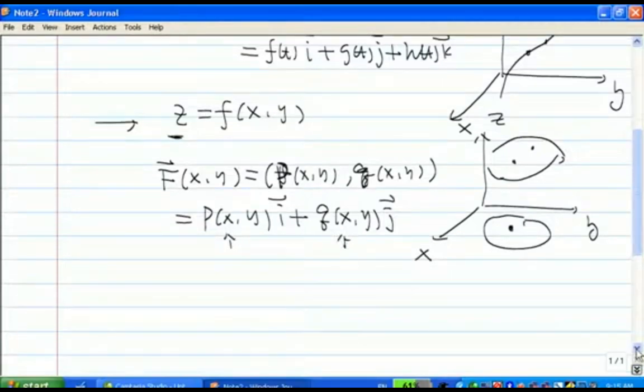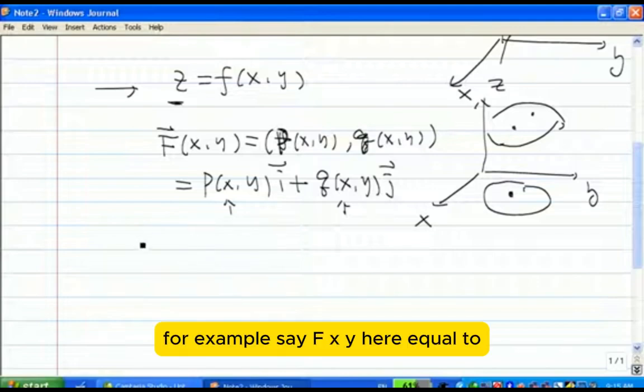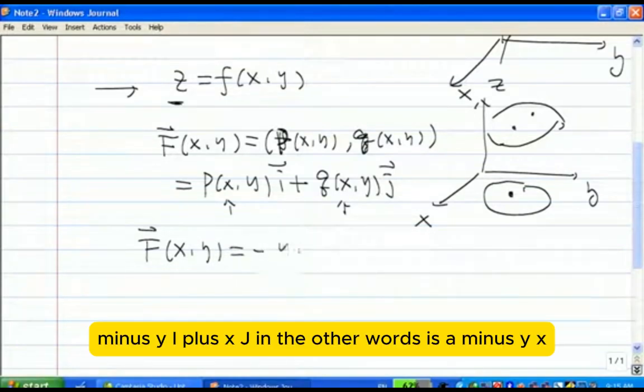So what's the graph of that? It's a graph with a vector field. For example, say F(x, y) here equal to minus y i plus x j. In other words, it's (minus y, x).